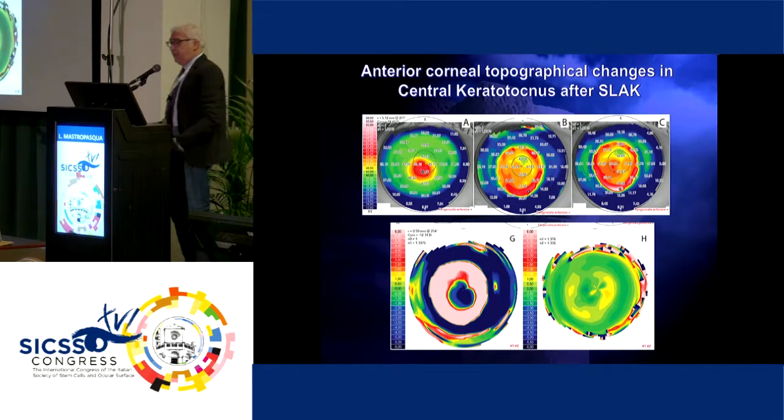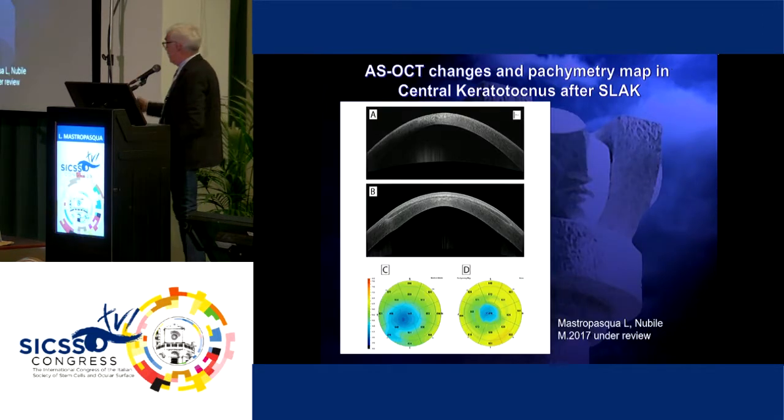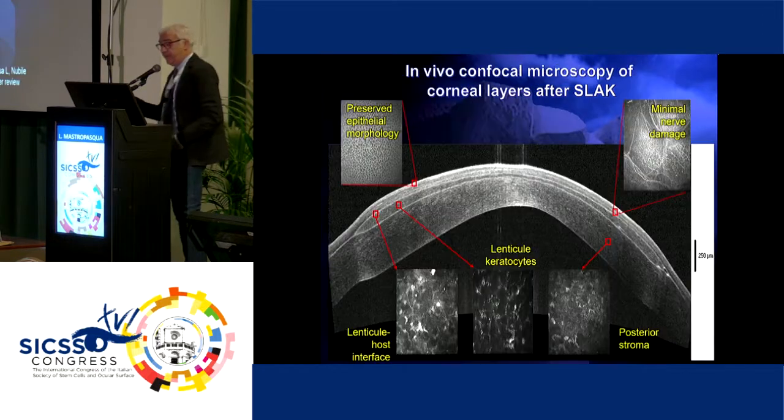Here, you can appreciate the anterior corneal topographical change in the center of the keratoconus that is evident with the differential corneal map that you can see here. And here you can see the difference in anterior segment OCT before and after the SLAC that we performed.